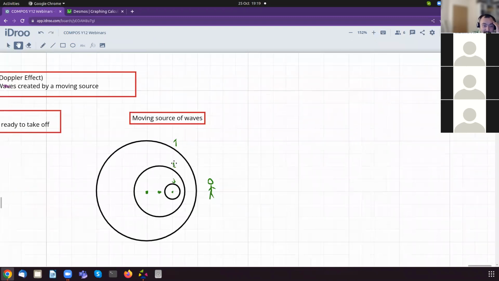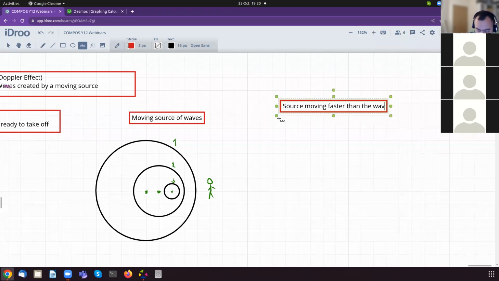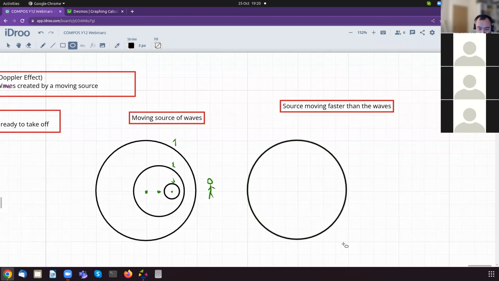Now, a moving source of waves, and then the source moving faster than the waves. When a source is moving faster than the waves, it's a very peculiar situation.